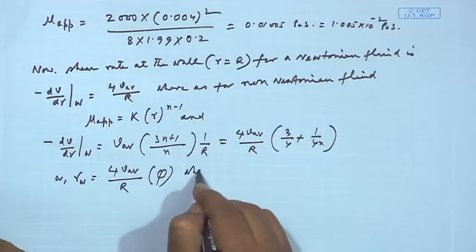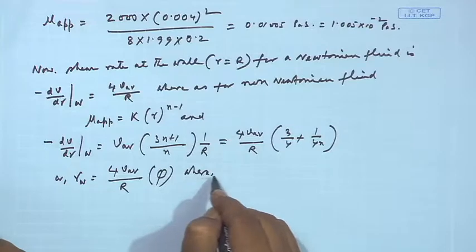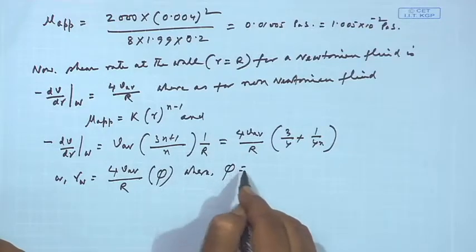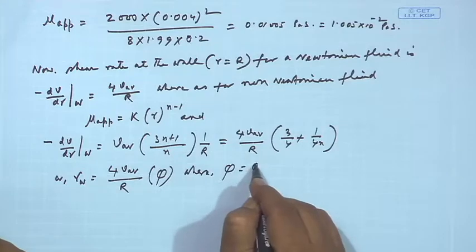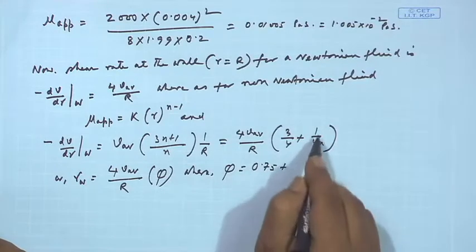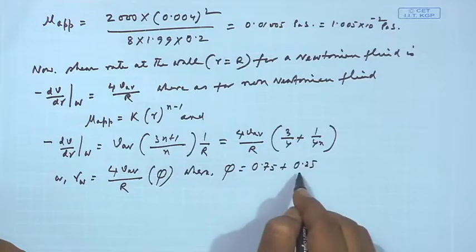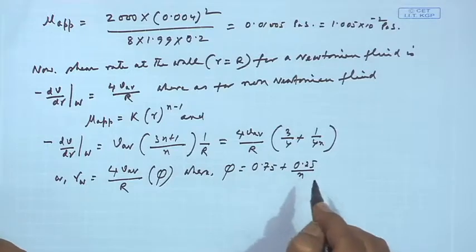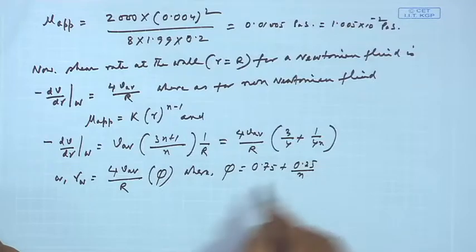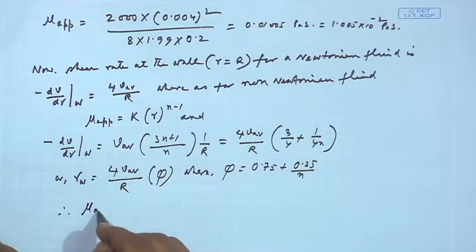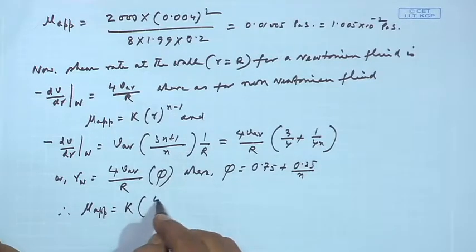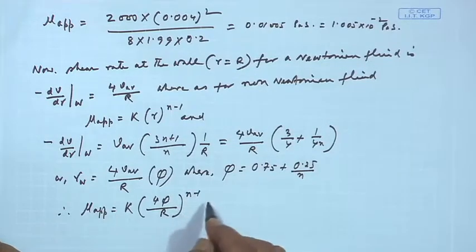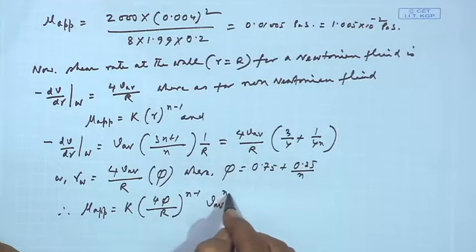so where psi is equal to 3/4, meaning 0.75, plus 1/4, meaning 0.25, over n, right. So mu apparent we can write to be K into (4 psi divided by R) to the power n minus 1 times V average to the power n minus 1, right.